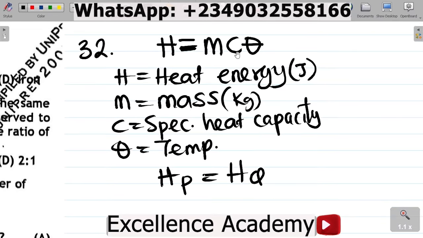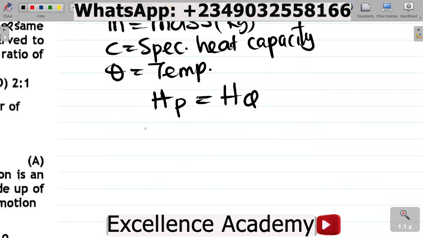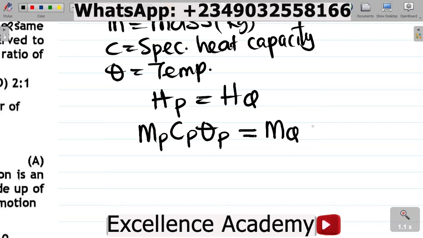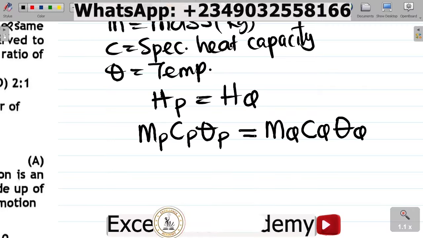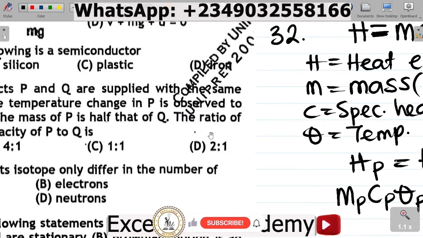H is equal to mc theta. That means m of P, c of P, theta of P is equal to the same thing for Q: m of Q, c of Q, theta of Q.